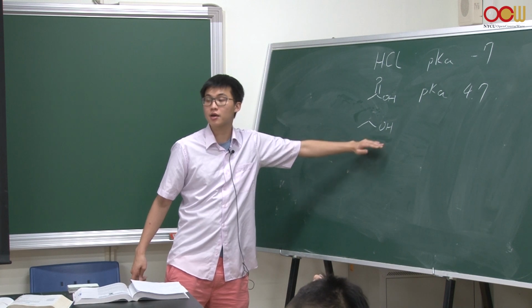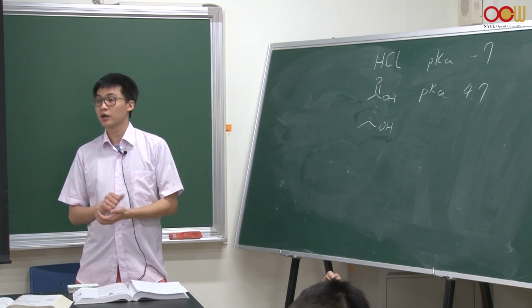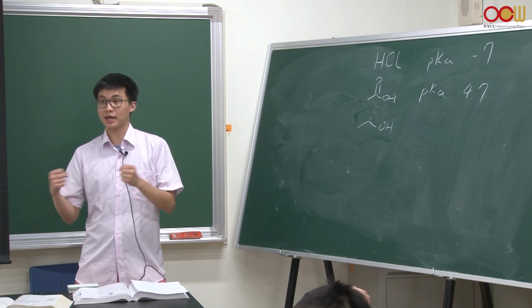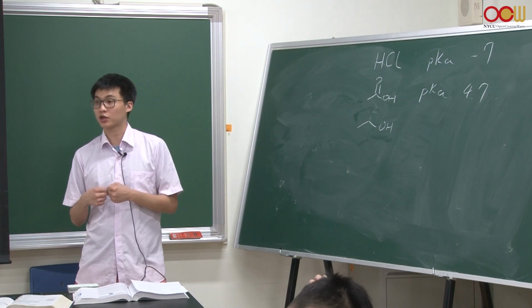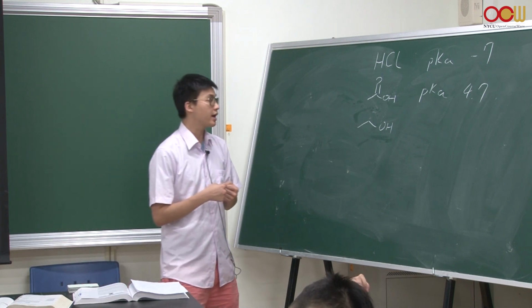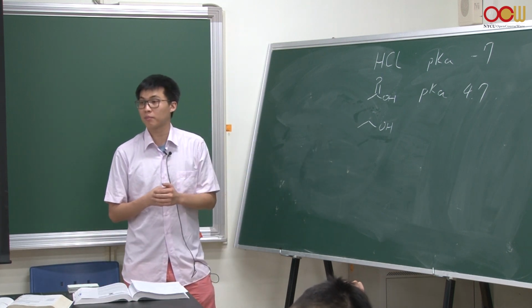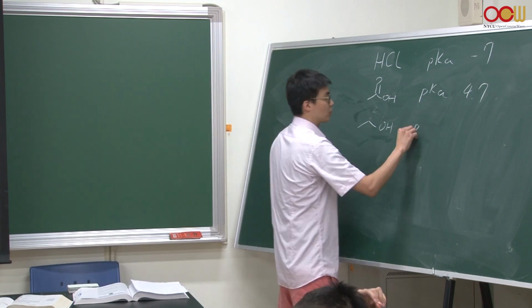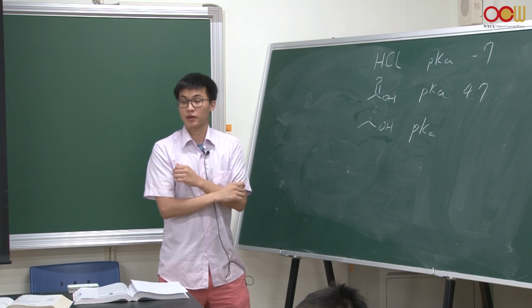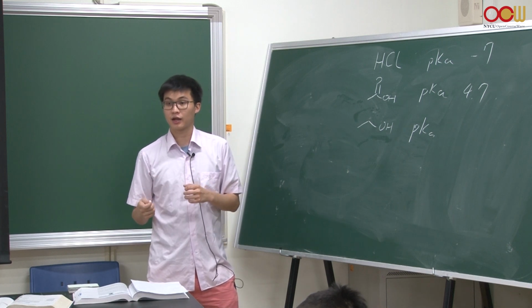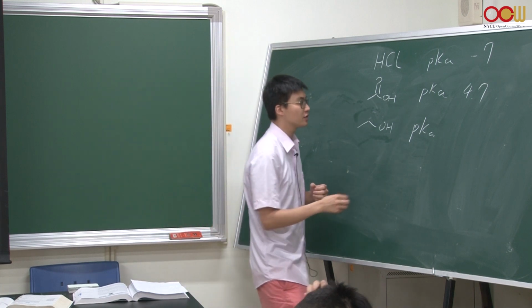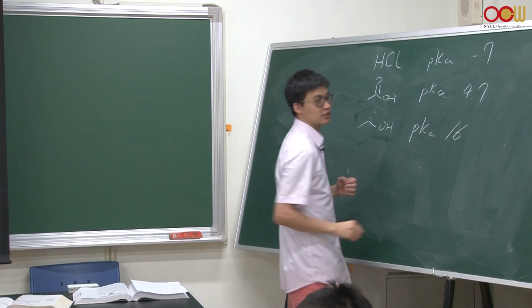But in acid-base chemistry, water acts as both an acid or base depending on what substance you're talking about. So in a case where you have a very, very strong base, for example the sodium amide that you saw before, you can take away this proton because this proton is acidic compared to sodium amide. And the pKa of this compound will be about 16.